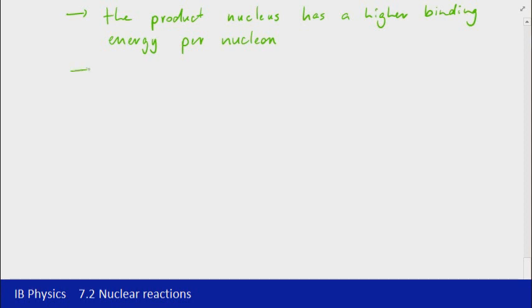Now, while we're talking about the binding energy, we also should really talk about the mass. So the mass of the product nucleus, you might be able to guess where this is going, given that energy is released, is less than the sum of the two reactant nuclei.